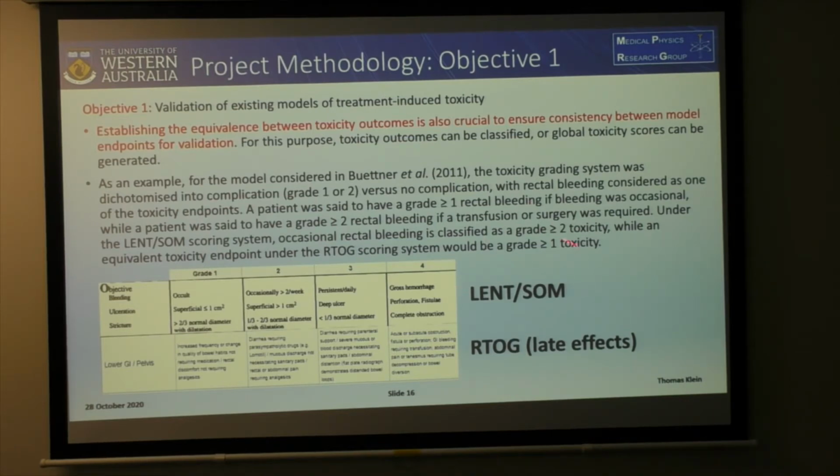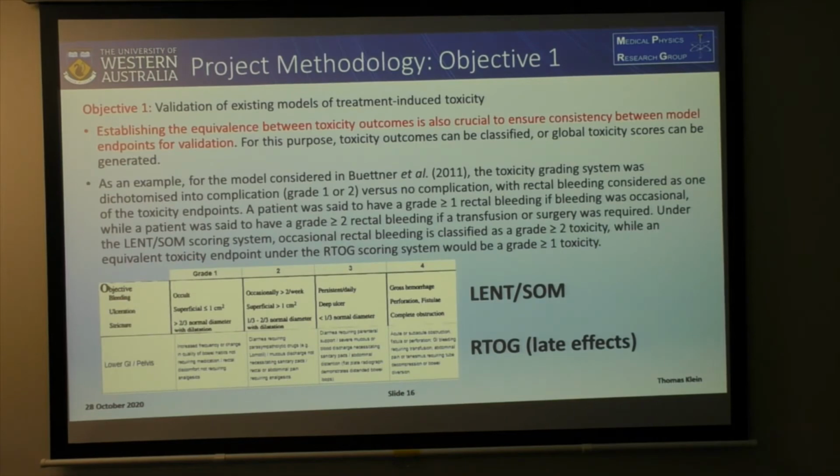So if we compare this to the Lent-SOM or RTOG systems, which we have in the CHIP dataset, we can see that under the Lent-SOM scoring system, occasional rectal bleeding is defined as a grade 2. So our grade 2 toxicity under this system is the same as their grade 1 toxicity, while under the RTOG system, occasional rectal bleeding would be a grade 1 toxicity.